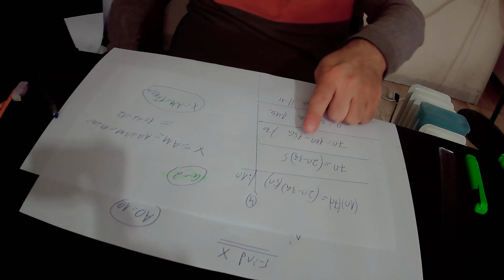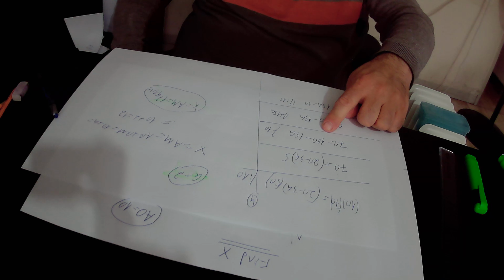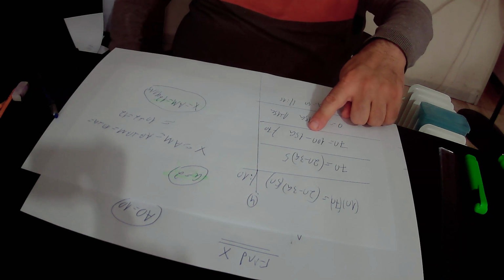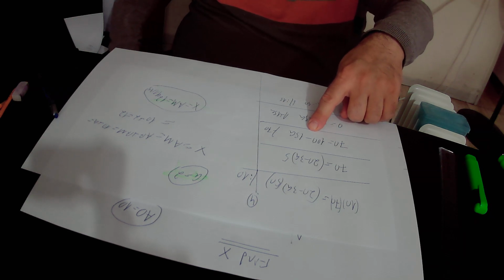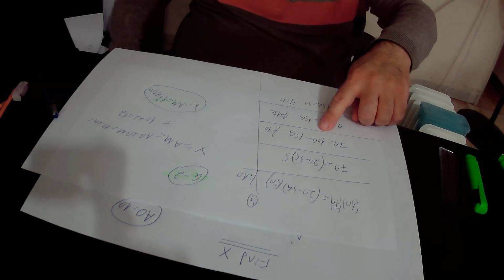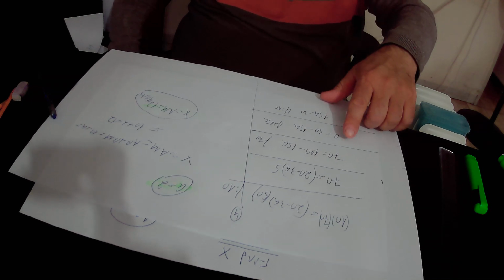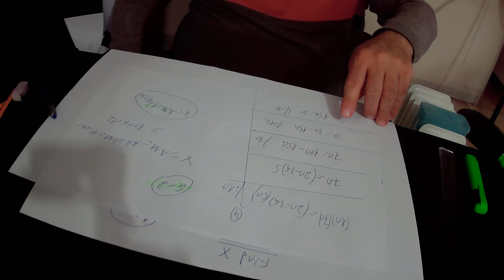Here we open the brackets on this side of the equation and find that 70 equals 20 times 5, which is 100, minus 3A times 5, which is minus 15A. So 70 equals 100 minus 15A. Here we subtracted 70 from both sides, and 70 minus 70 is 0.